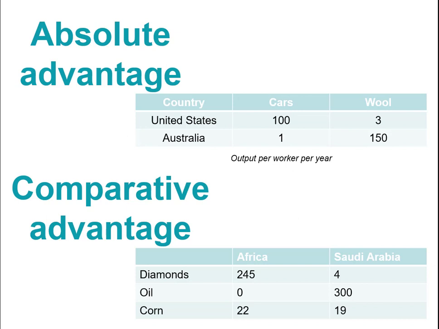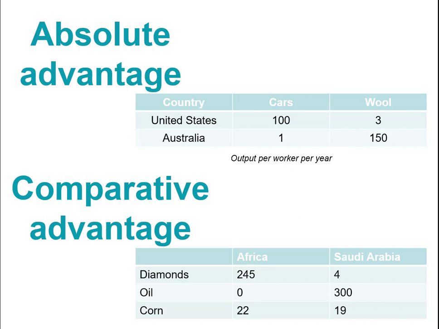You can see here in this chart that we can produce diamonds at 245 as our base number, and we can say this is in the millions for Africa. But Africa can also produce 22 million bushels of corn per year.